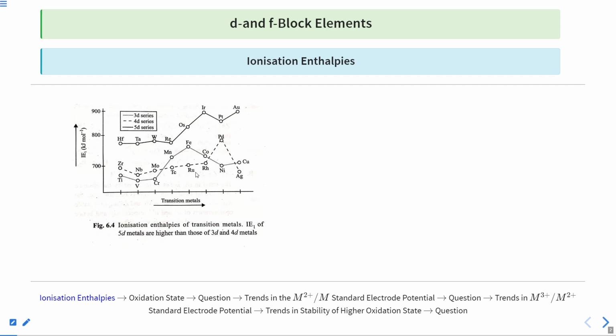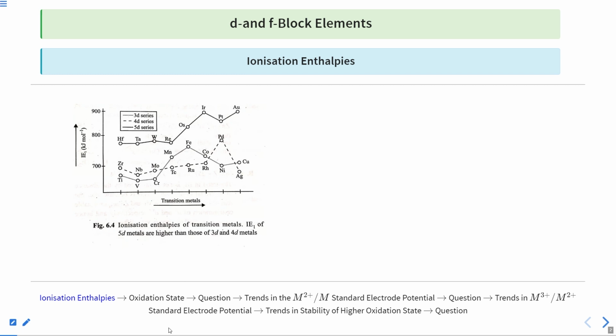So we are giving some energy and some energy is being released after stabilization. The net energy is the ionization enthalpy. That change in configuration due to reorganization results in a different type of trend for the transition elements, especially for the 3d series. Clear?